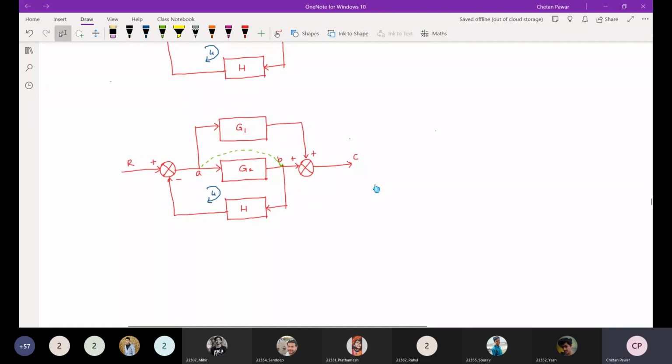So when you shift this point to this location, it will get divided by G2.